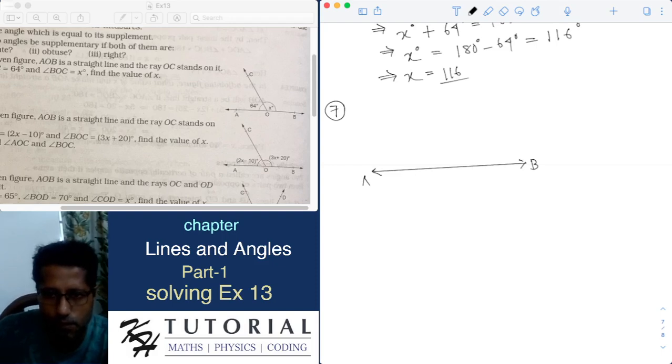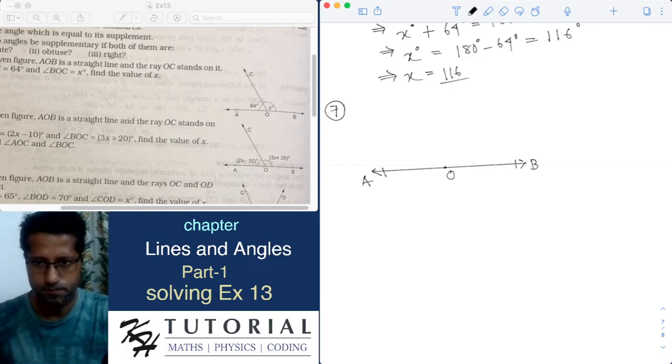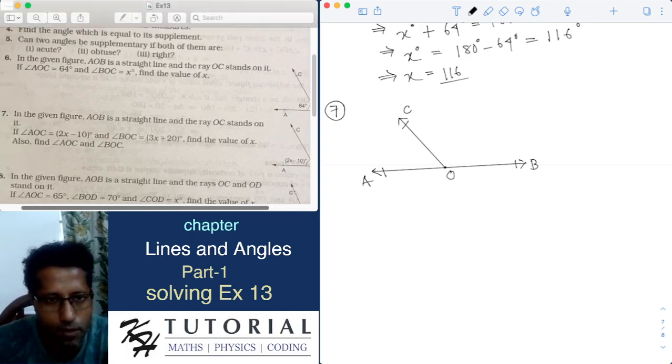There is a line AB, there is a point O on the line, and there is a ray OC standing on the line AB at point O. It is given that in the given figure AOB is a straight line.